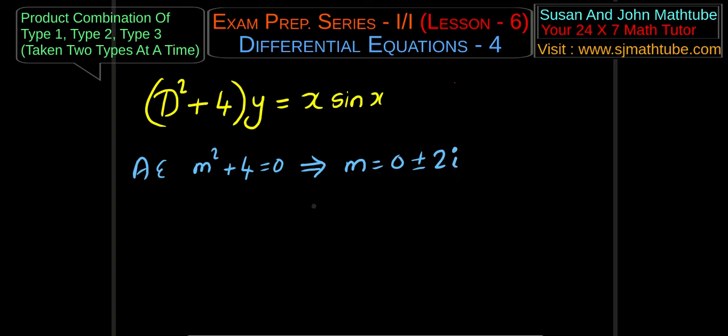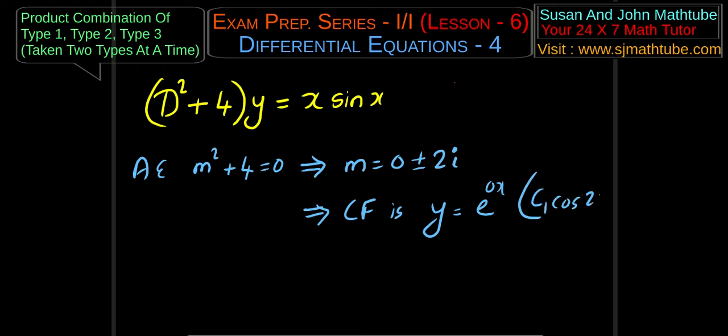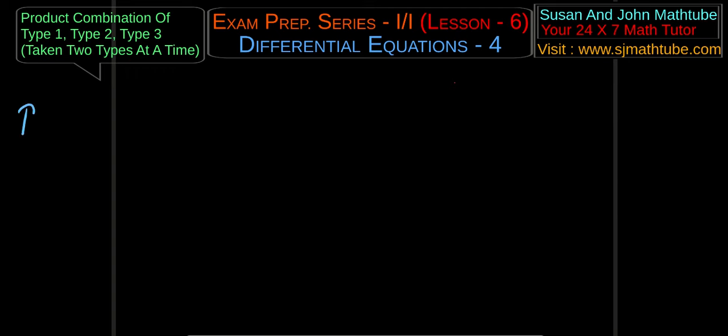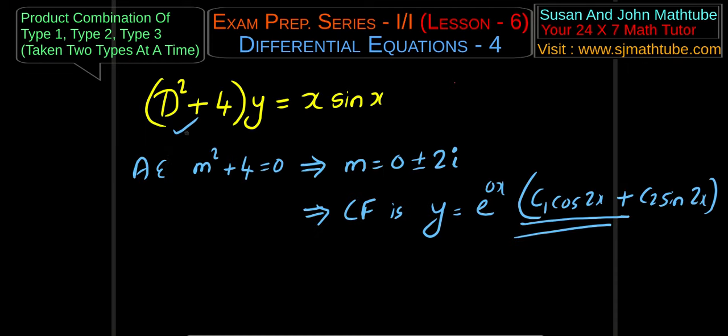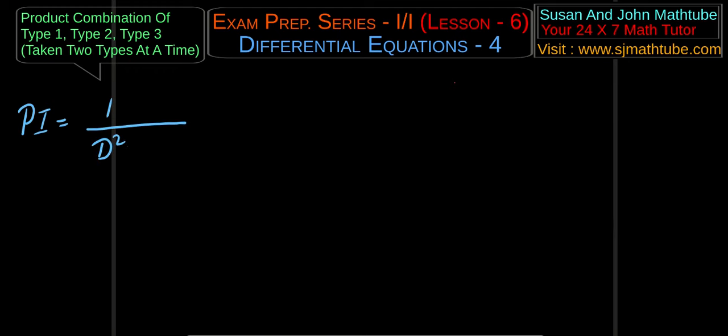And that implies the complementary function is y is equal to e to the power 0x (c1 cos 2x plus c2 sin 2x), and e power 0 is 1, so you'll be left with this. Now the PI. So the PI is 1 by operator. What's the operator? Yeah, of the right hand side.